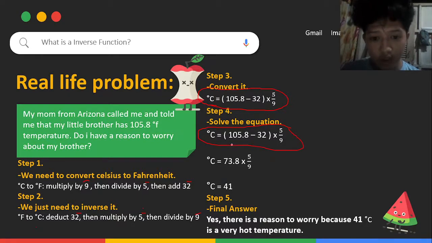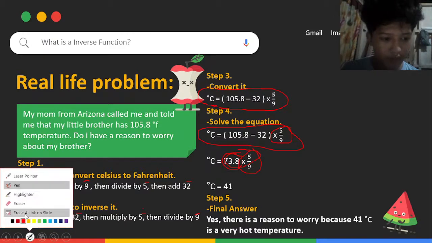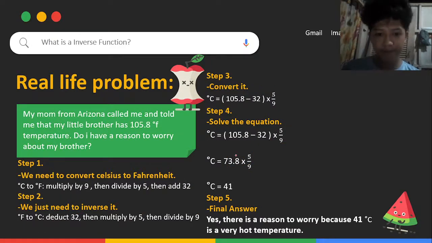We just need to subtract 105.8 minus 32. That's why we get 73.8. So we just copy it here.